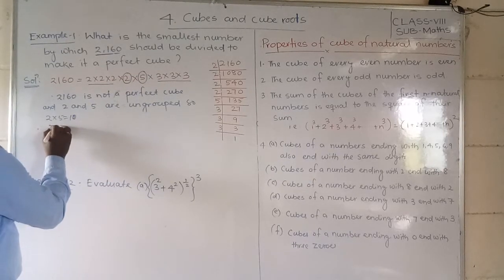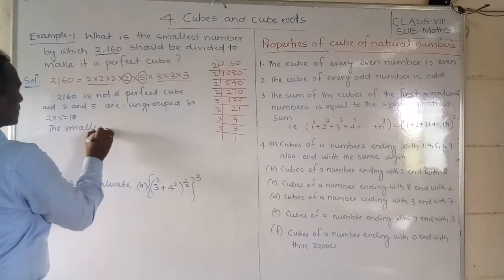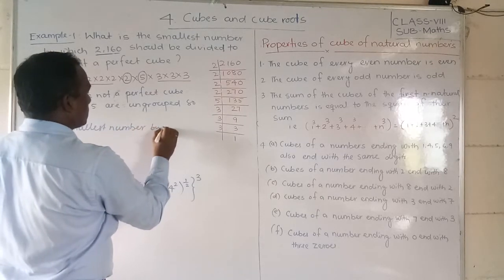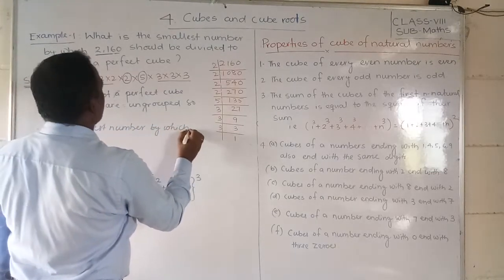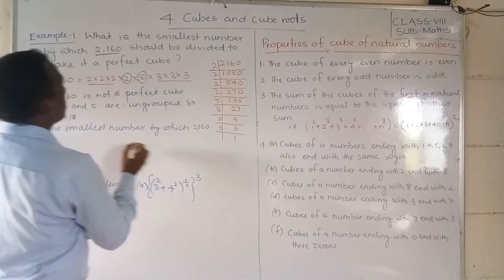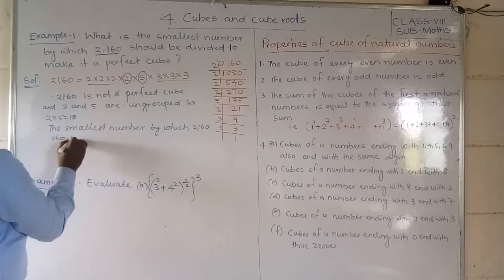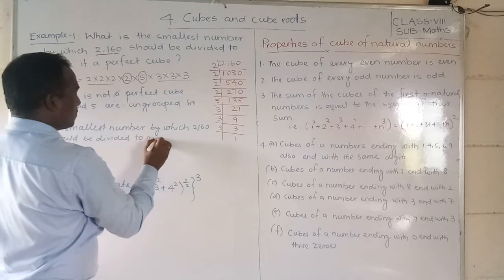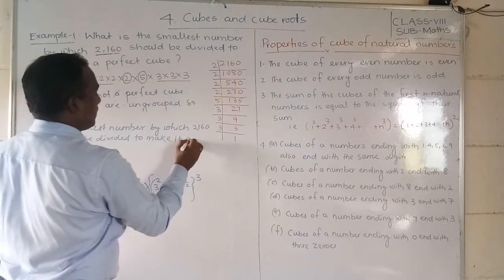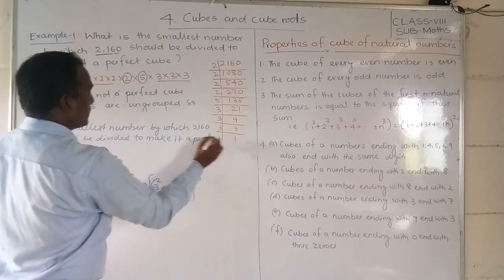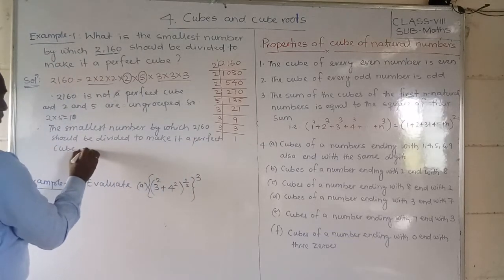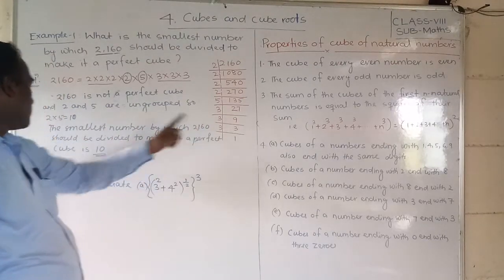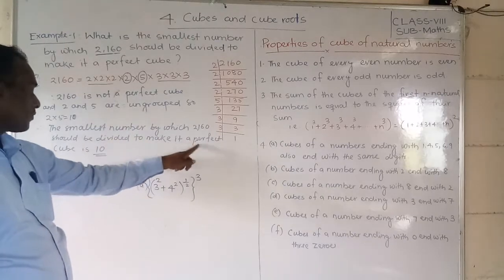We can write here, therefore, the smallest number by which 2160 should be divided to make it a perfect cube is 10.